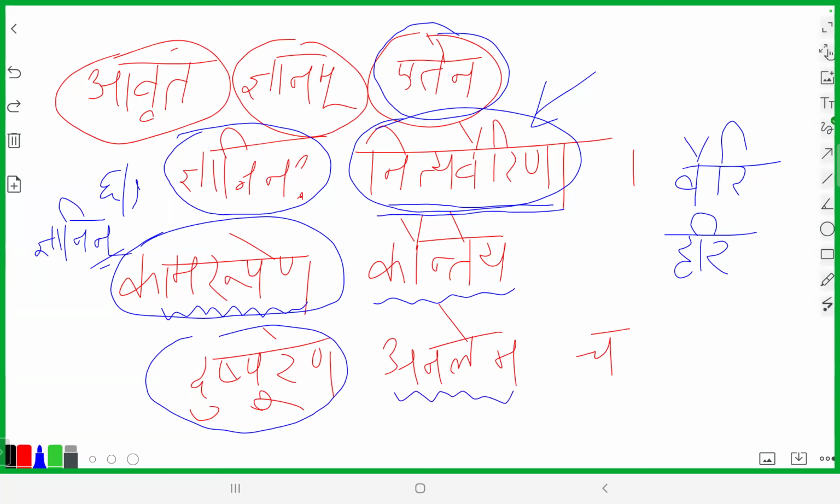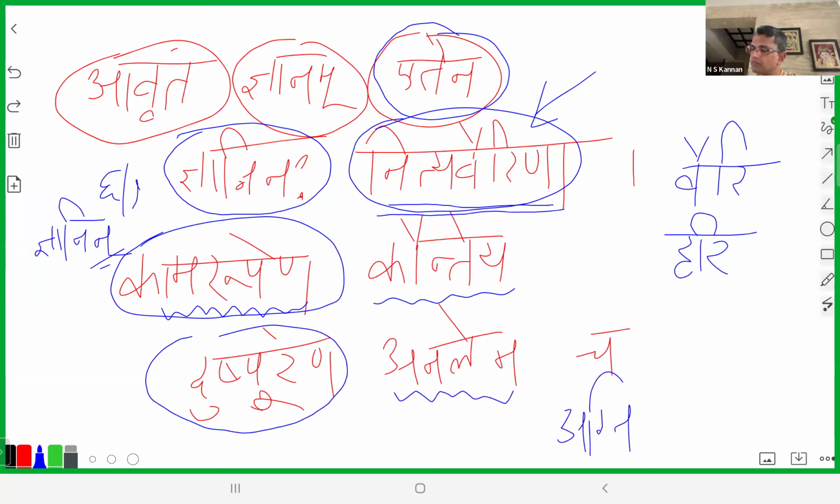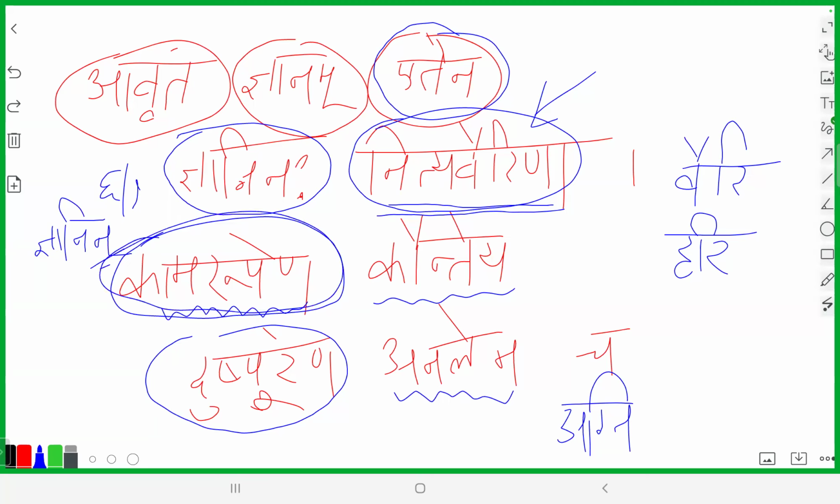Analena cha. Anala is Agni. So fire is never satisfied. If you set something on fire, it will consume the whole thing. So very difficult to satiate. That is how the Kama Rupa is. Kama Rupa is like Agni.